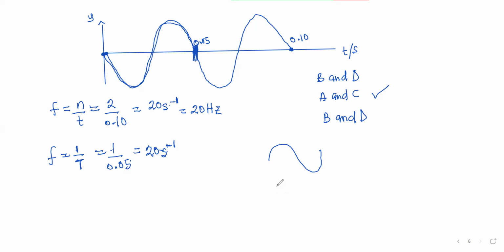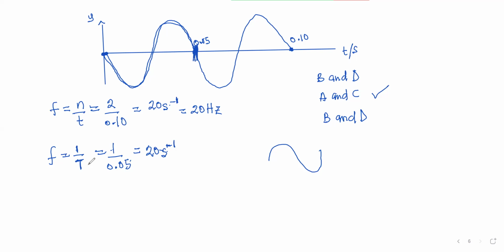The shape of a full wave, they are all ending at the same point. So they have the same wavelength. Don't forget, wavelength is measured horizontally. So if we are measuring it from their starting point, they will have the same length.